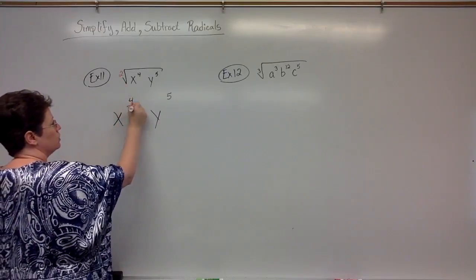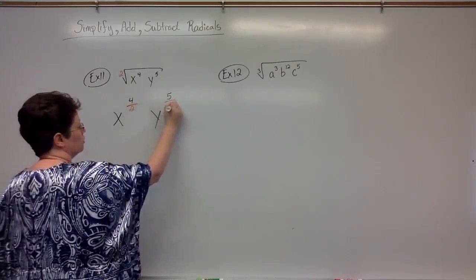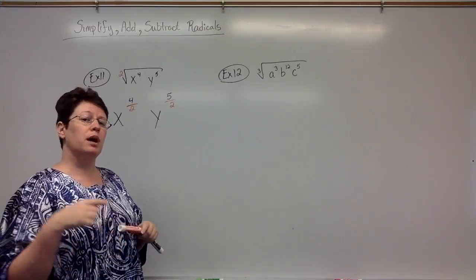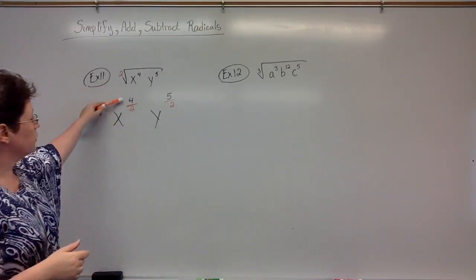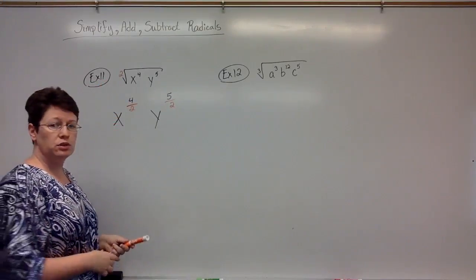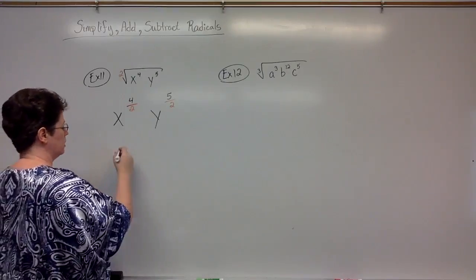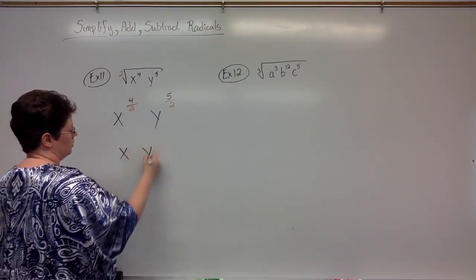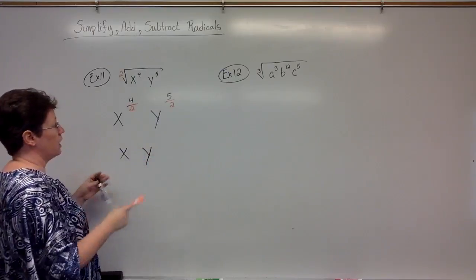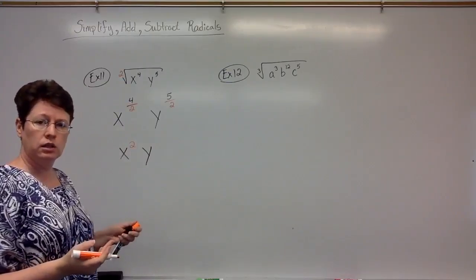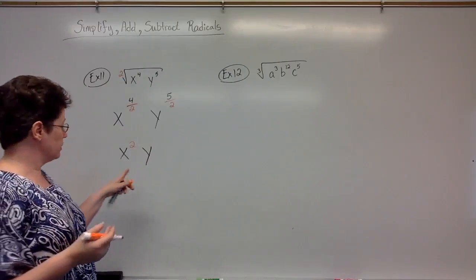Square is 2, so I'm going to put 2 underneath each. So I'm dividing the exponent by the value of the radical. 4 divided by 2. Well, what is 4 divided by 2? Yeah, it's just 2, right? So we'd end up with an x squared. Well, do you agree? The square root of x to the 4th is x squared.